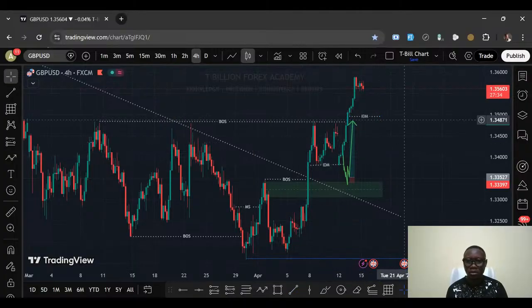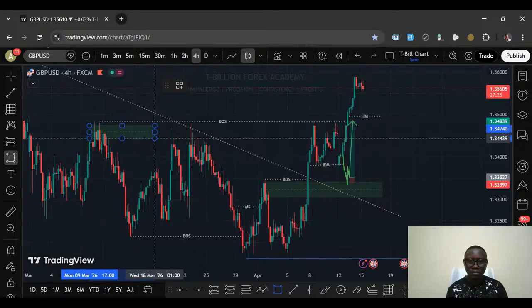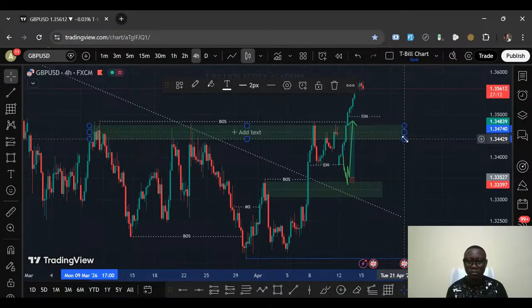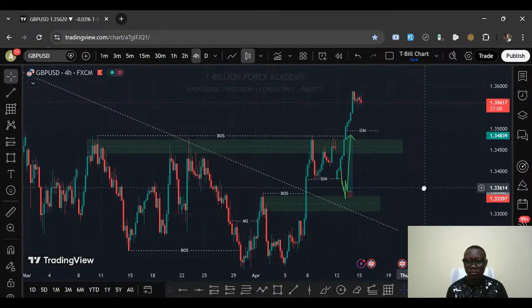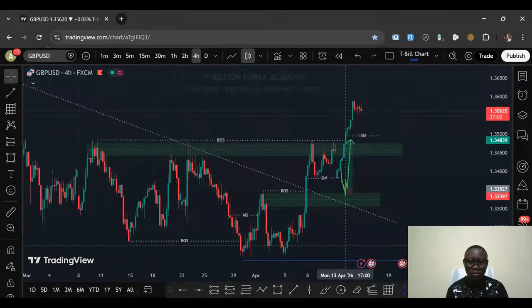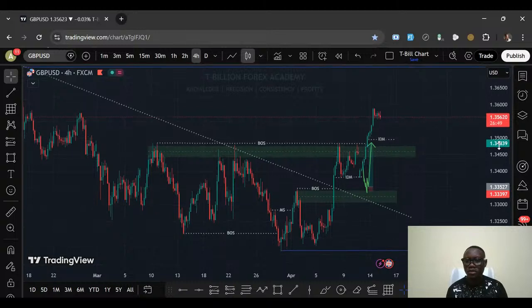This is our inducement, and this becomes our point of interest. All right, so this is our point of interest, our 4H point of interest.